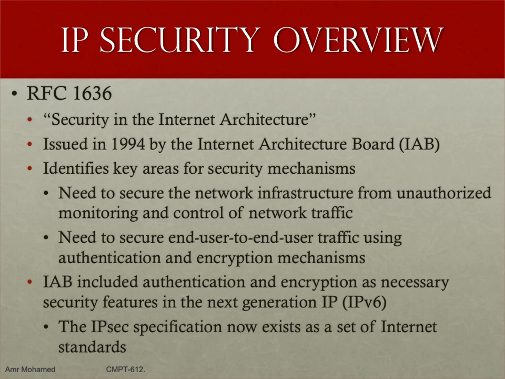All right, so IP security was actually developed by the IAB, the Internet Architecture Board, and it identifies key areas for security mechanism. So we need to secure the network infrastructure from unauthorized monitoring and control and network updates.